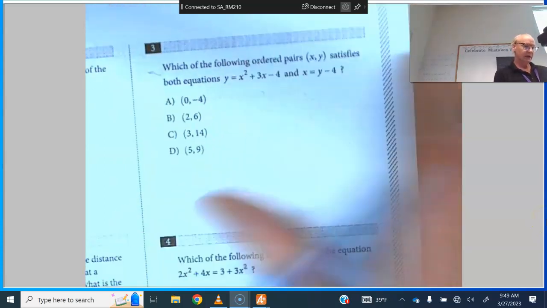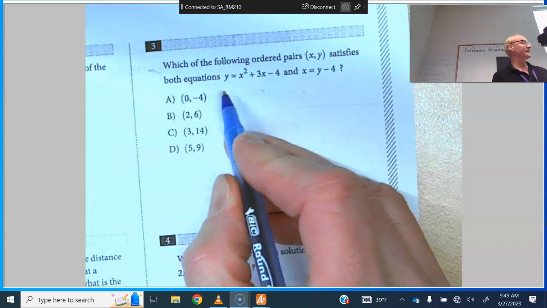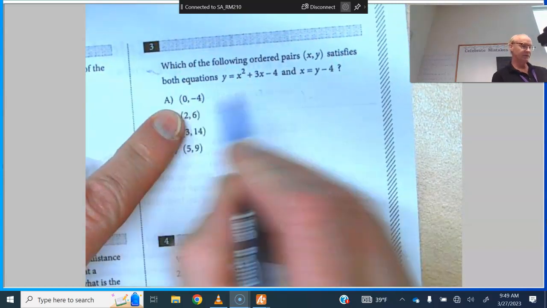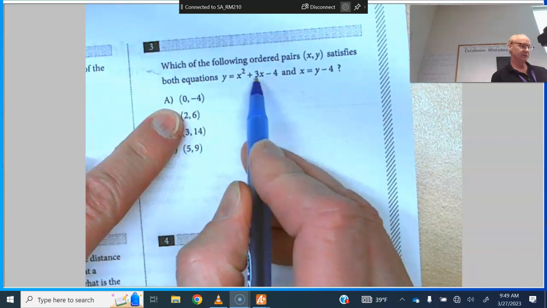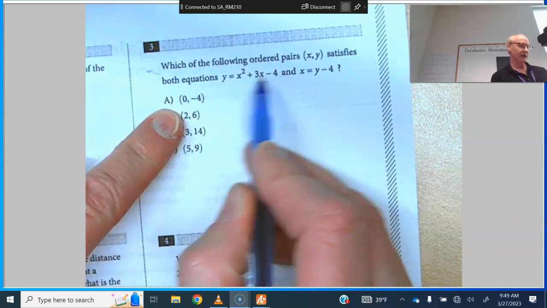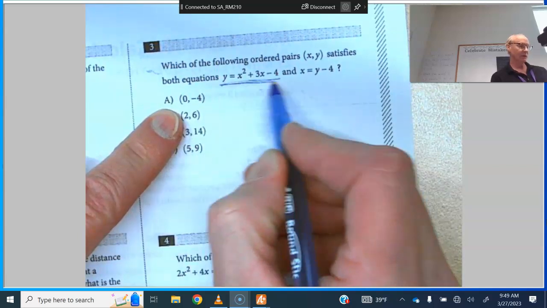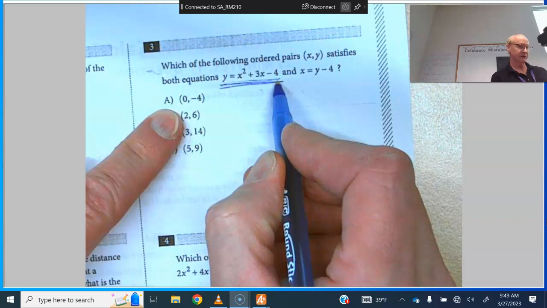Okay, as I was saying, when I glanced at this at first look, I immediately saw (0, -4). I said 0 squared plus 3 times 0 minus 4 is -4, and (0, -4) is a y-intercept, and it works in the first equation.